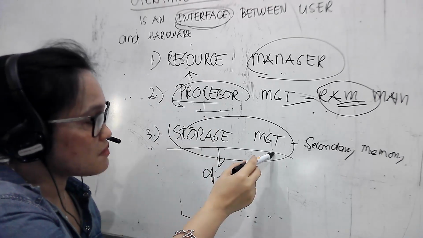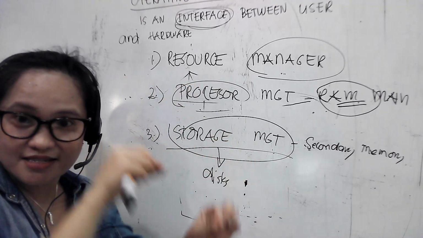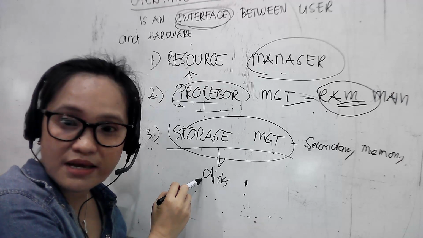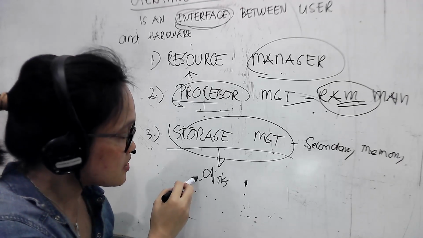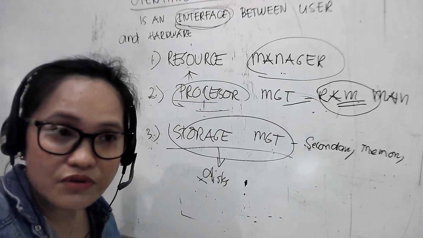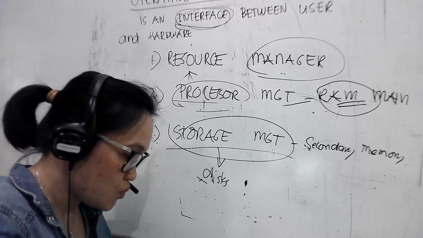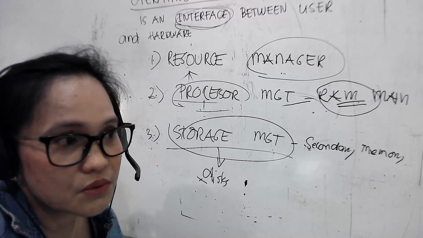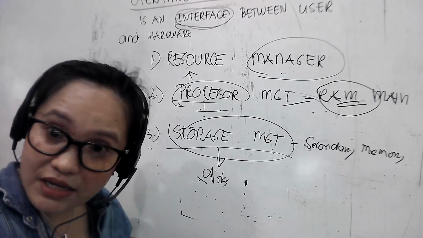Whereas the storage devices are the hard disk, which is plugged in at the back of your CPU, the flash drive, and many other permanent storage devices. This is where you save your data permanently. This is also part of the function of the OS, because it handles the directory of those files.